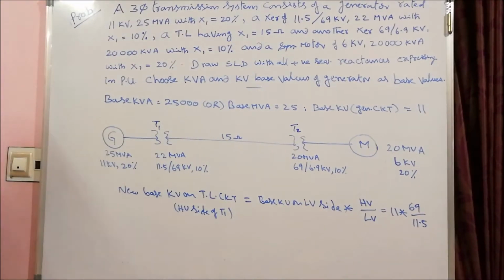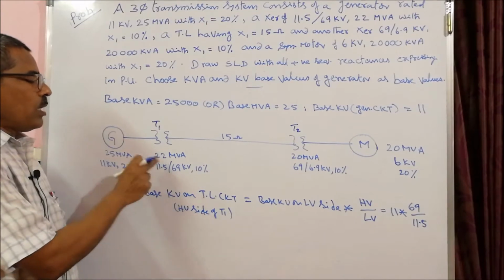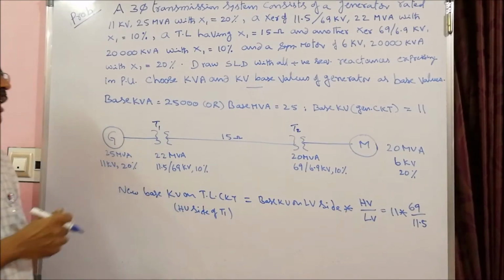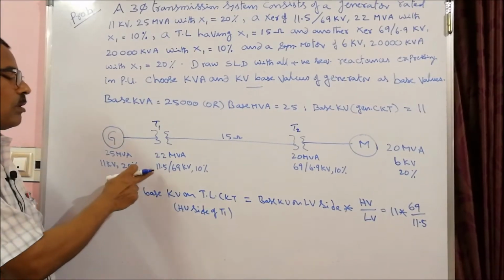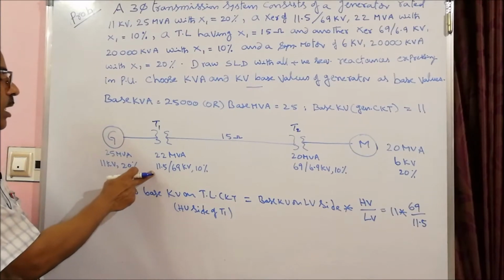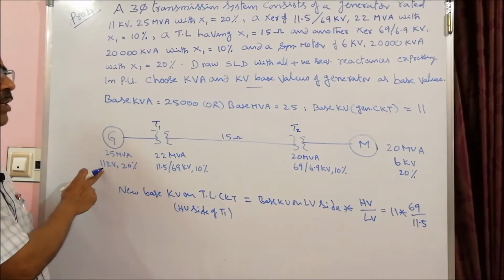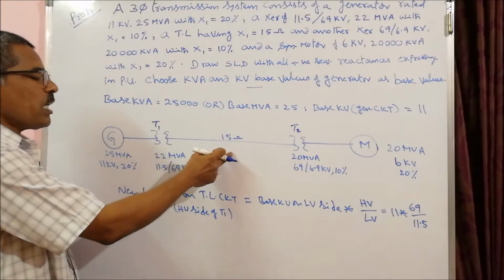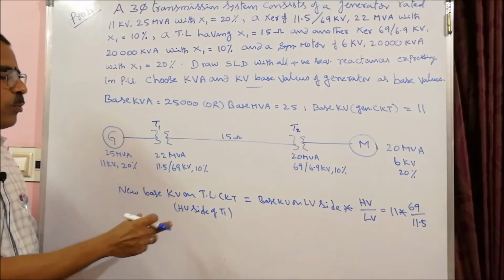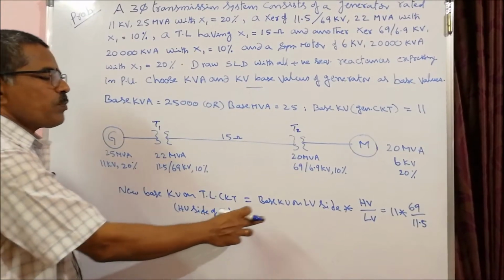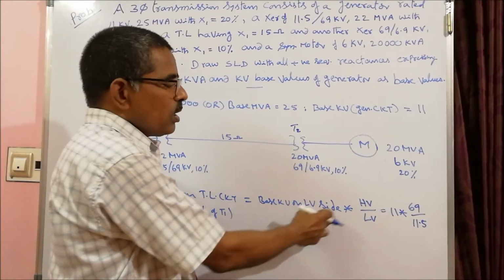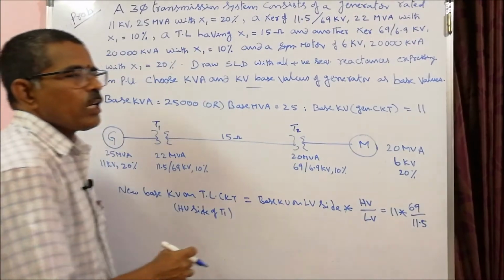We want the base kV corresponding to the HV side, and the base kV on the LV side of the transformer is already selected as 11 kV. So the base kV on the HV side is the base kV on the LV side into the turns ratio, HV by LV.